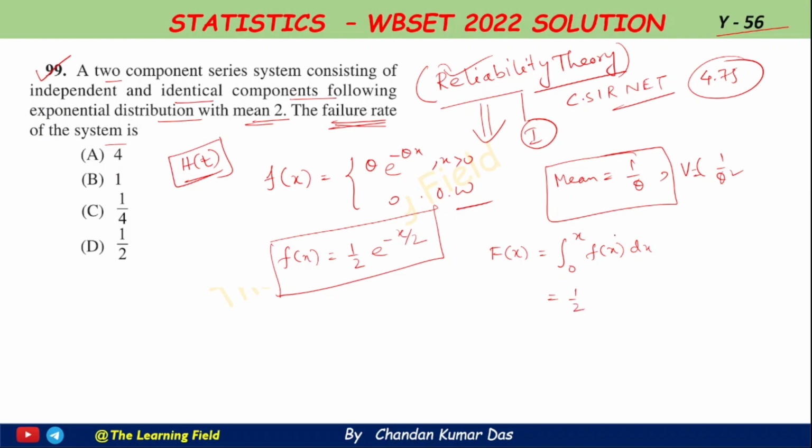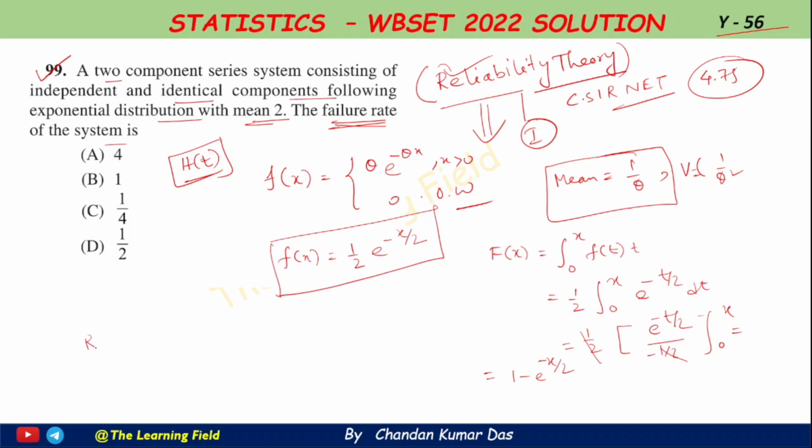Changing the variable to t, this is the integration 0 to x of exponential minus t by 2 dt, which is exponential minus t by 2 divided by minus 1 by 2, from 0 to x. The 1 by 2 cancels out, and putting in the limits we get F(x) equal to 1 minus exponential minus x by 2. So this is the distribution function.